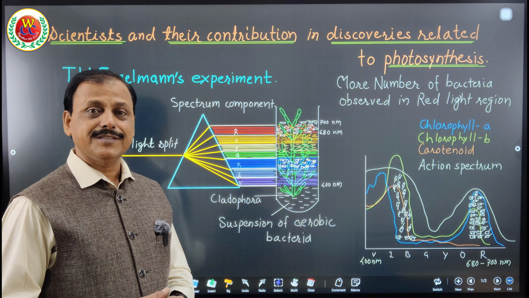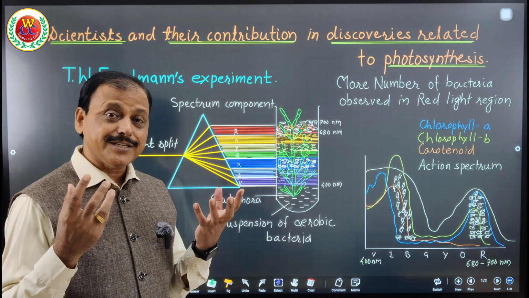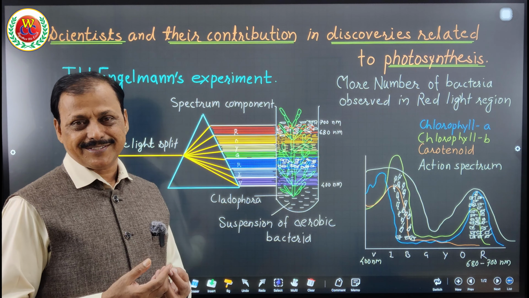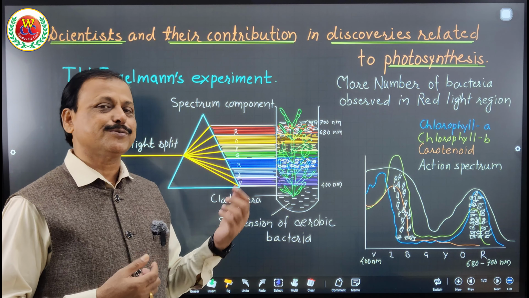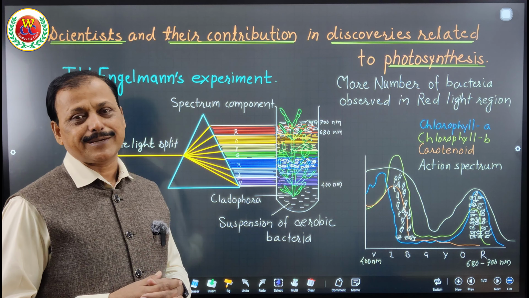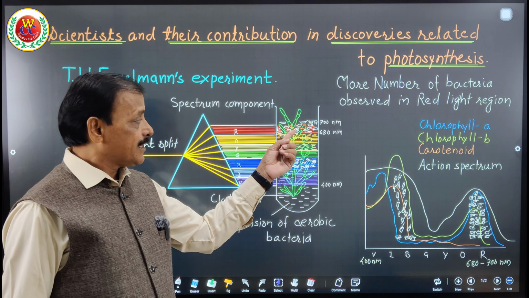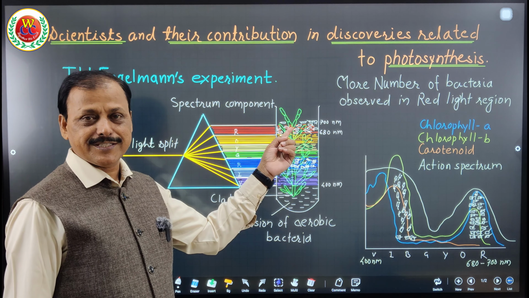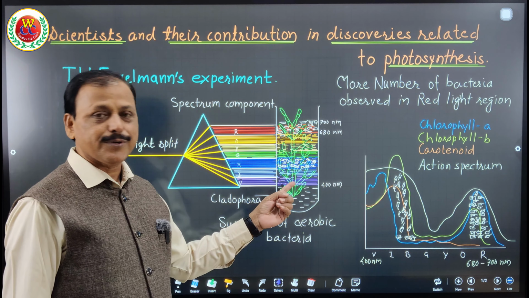Why? See the experiment. The imagination he made to find out this was really miraculous, and therefore I always salute the scientist who made this type of discovery. Practically he proved that there is a higher rate of photosynthesis in the region of red and blue light.